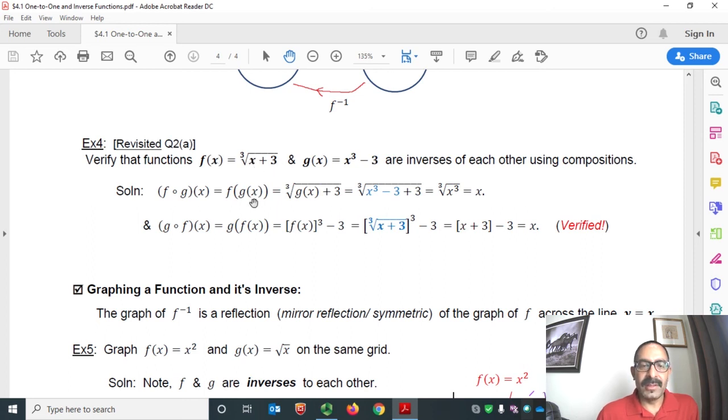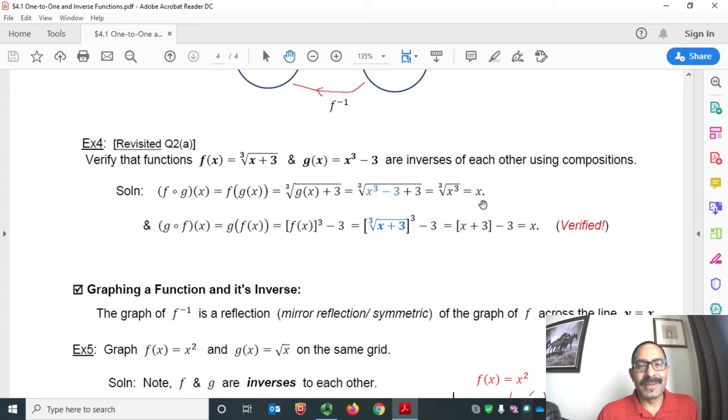Now here f takes g of x, that means it follows this rule. So this gives me cube root of g of x plus 3. I hope this makes sense to you all here. Now what is my g function? My g function is x cubed minus 3. This plus 3 as it is, cube root as it is. Now here 3 cancels. So we have cube root of x cubed. This 3 cancels, gives me x.